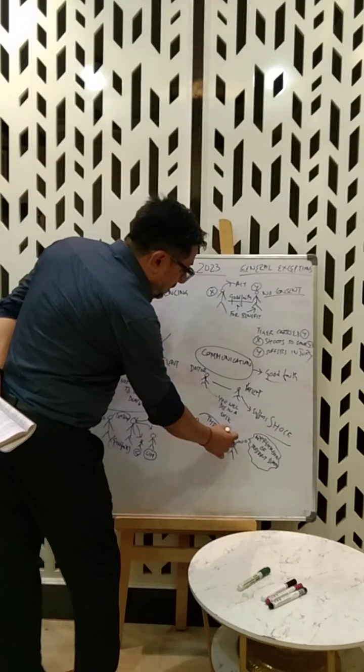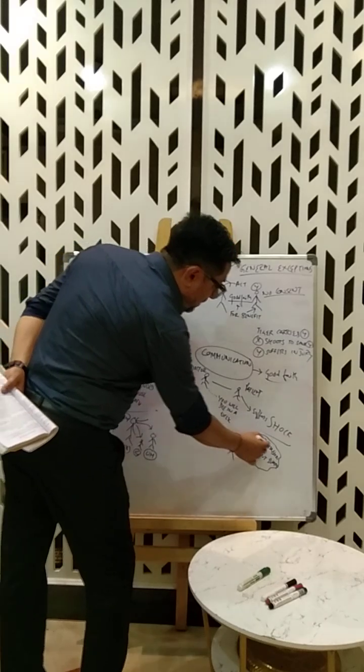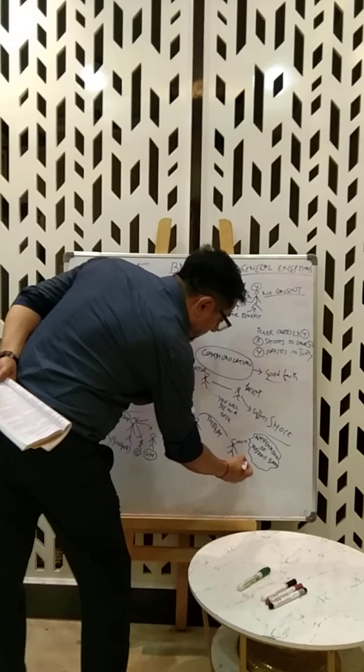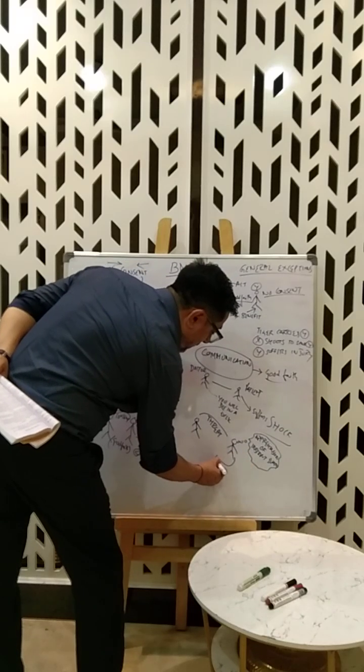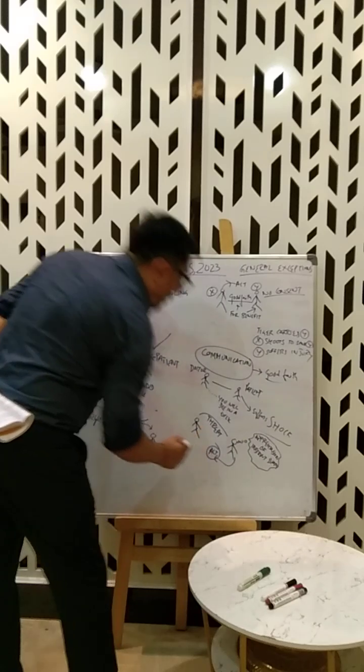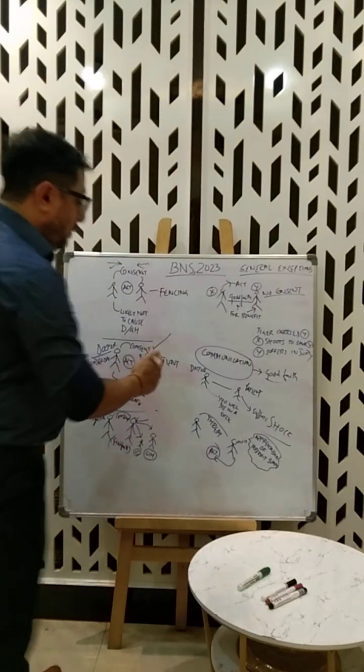He gives a threat, and upon receiving it, he has the apprehension of instant death. Now, on such apprehension, if he does some act, it will not be an offense.